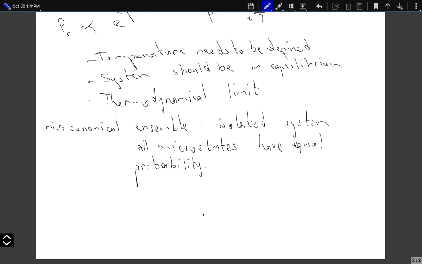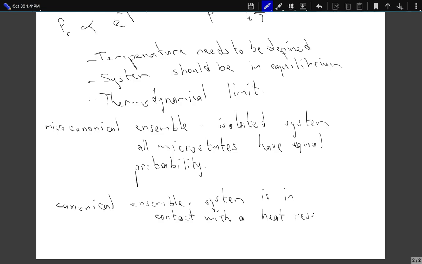Well, you can create systems in which this is not correct, but for most practical purposes, this works perfectly. And now we study the canonical ensemble, in which basically our system is in contact with a heat reservoir, so that its temperature is fixed.